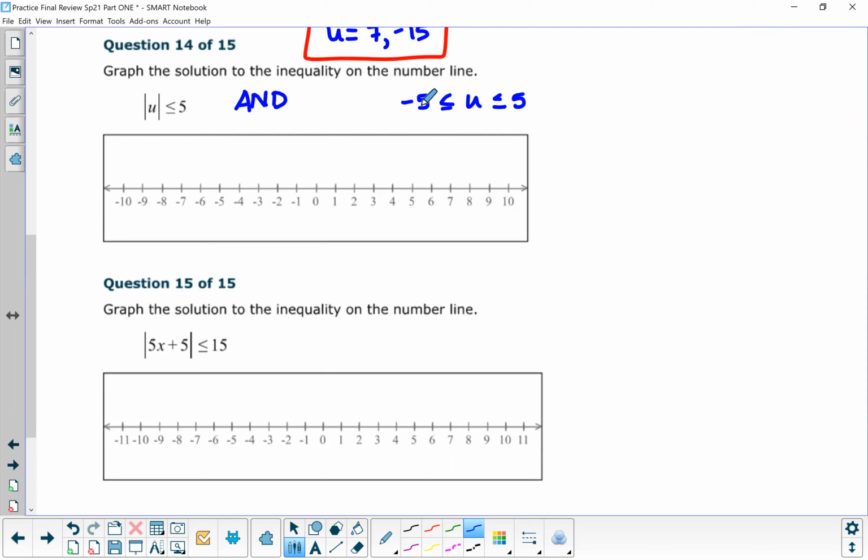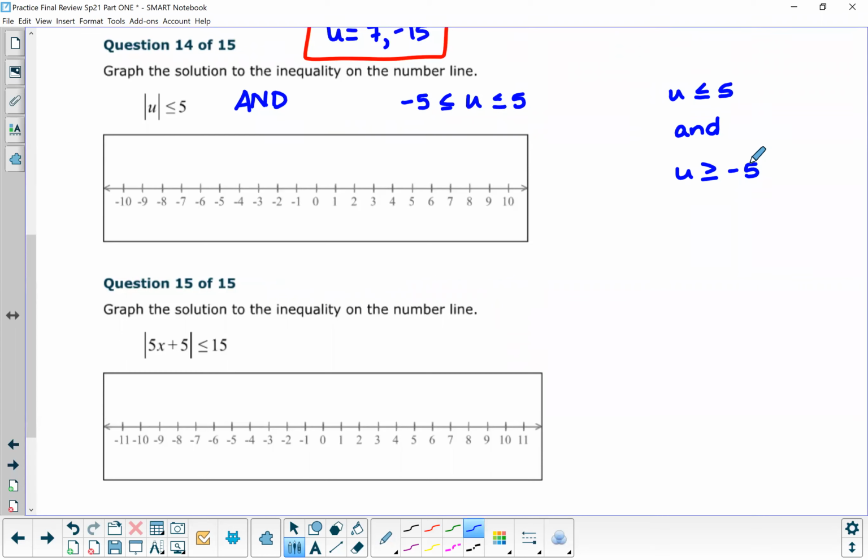If you write it separately, we're saying u is less than or equal to 5 and u is greater than or equal to negative 5. Notice how when we write the second inequality, we flip the symbol and flip the sign of that expression on the right, or in this case, it's just one number on the right, negative 5.